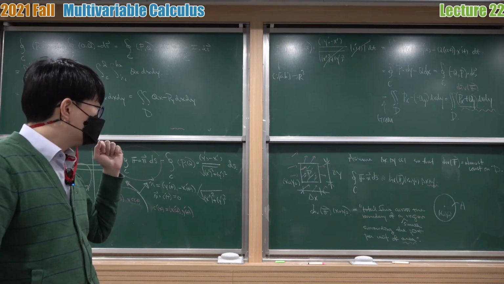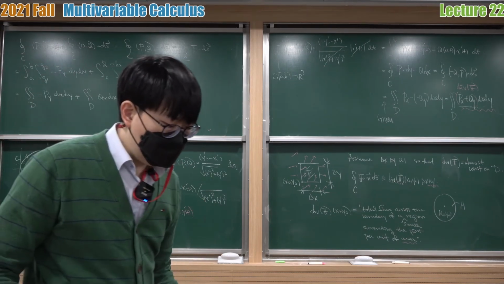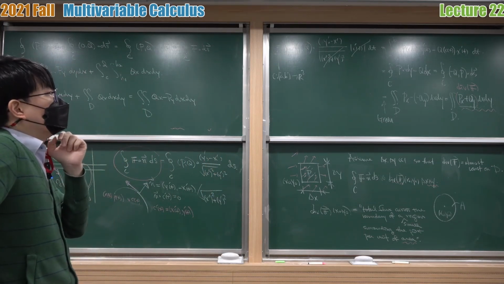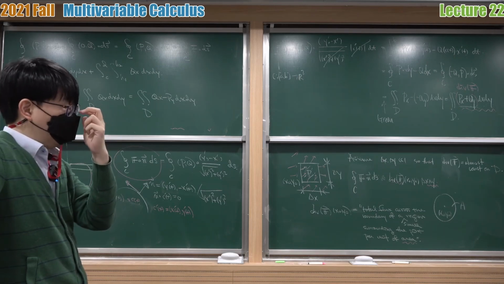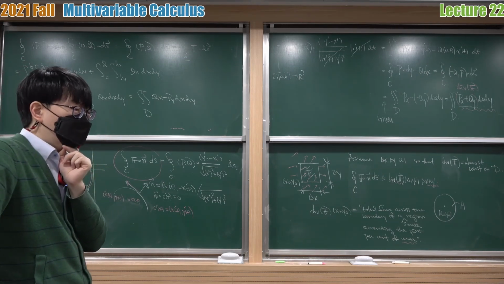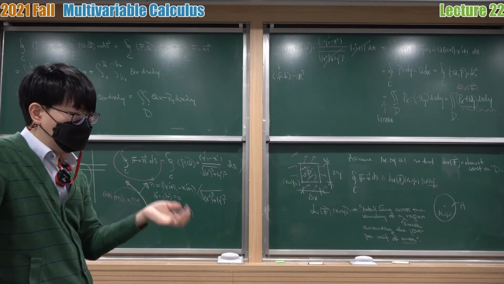Next time we're going to talk about Stokes' theorem, and then the divergence theorem, and then we will have one more week to go. The last week will be about how we can generalize these arguments to higher dimensional space.